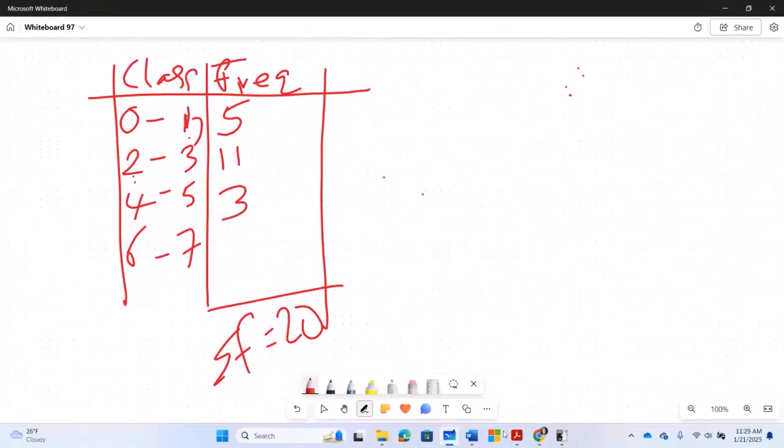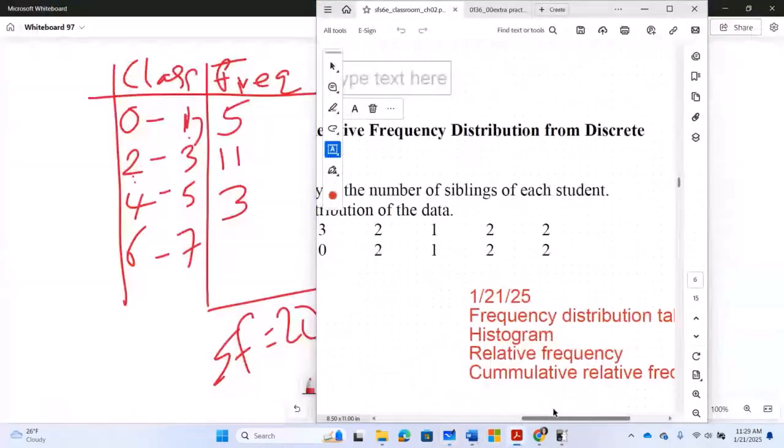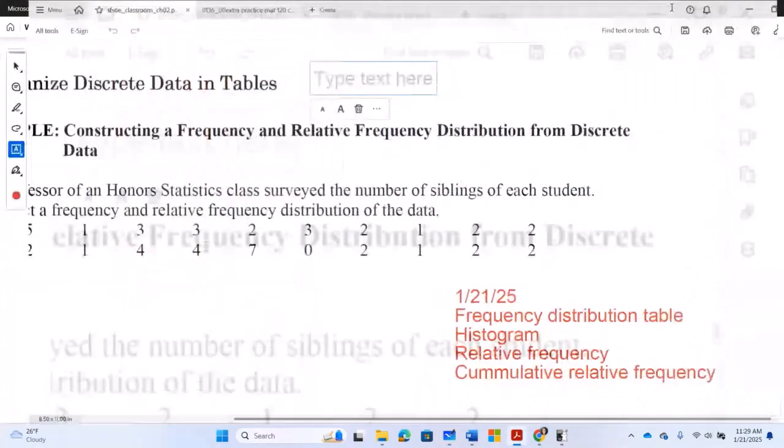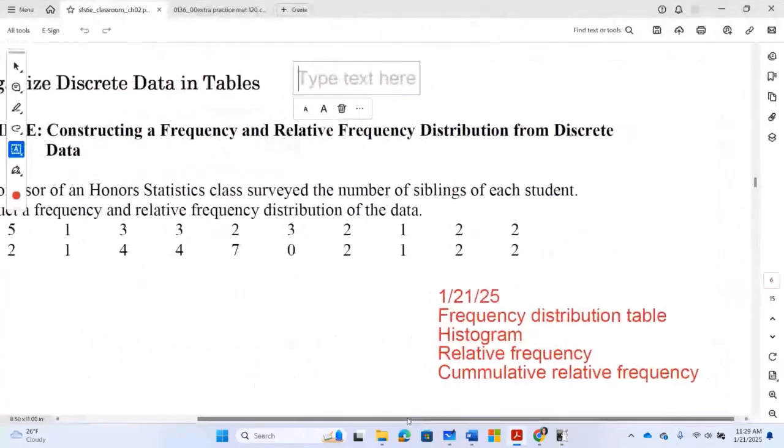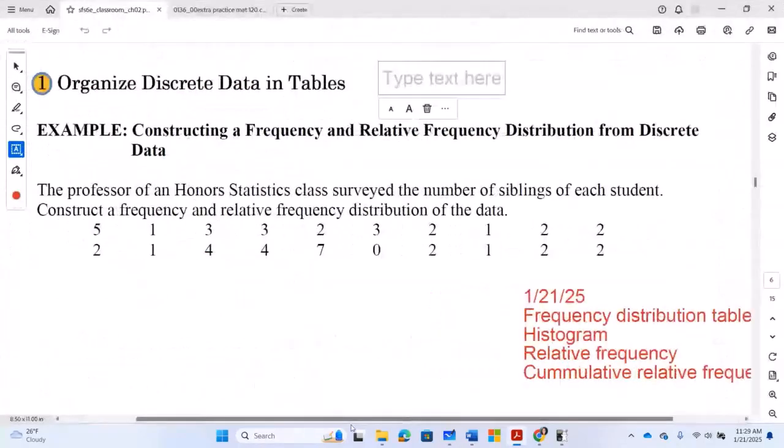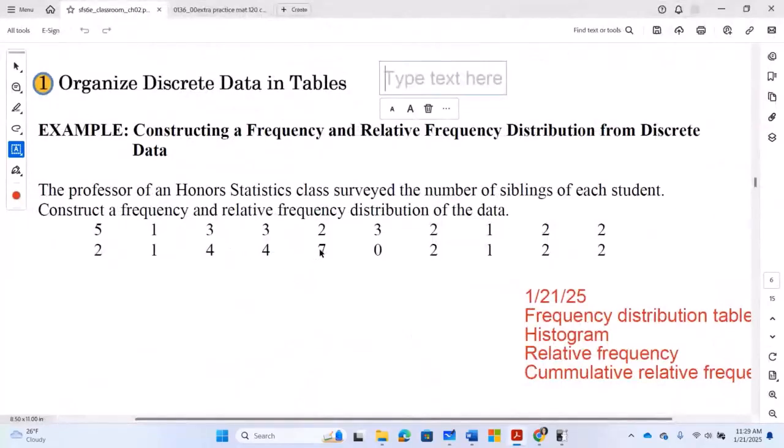All right, so the next one is 6 to 7. How many members are in 6 to 7? How many members are in the fourth class? There's none here. I just have 1 here. And that's it. I don't have any other member. Well, I know how to check myself.